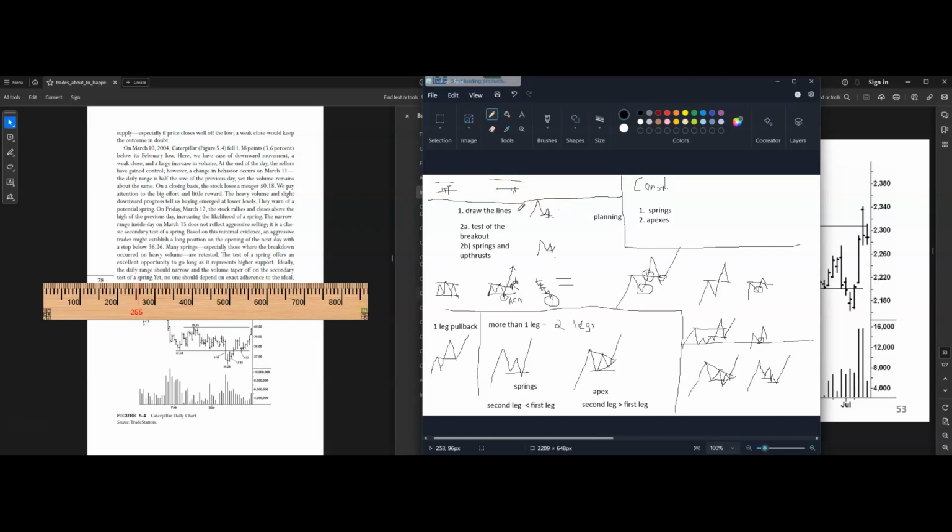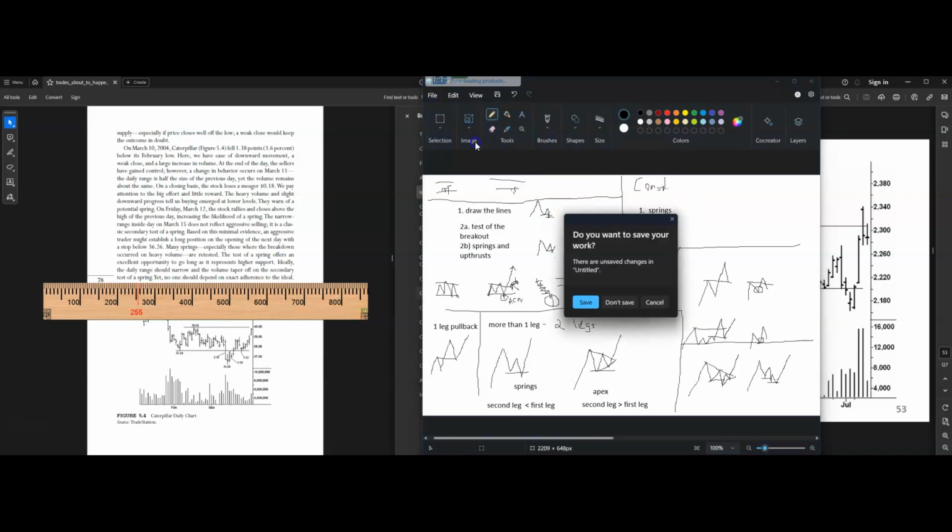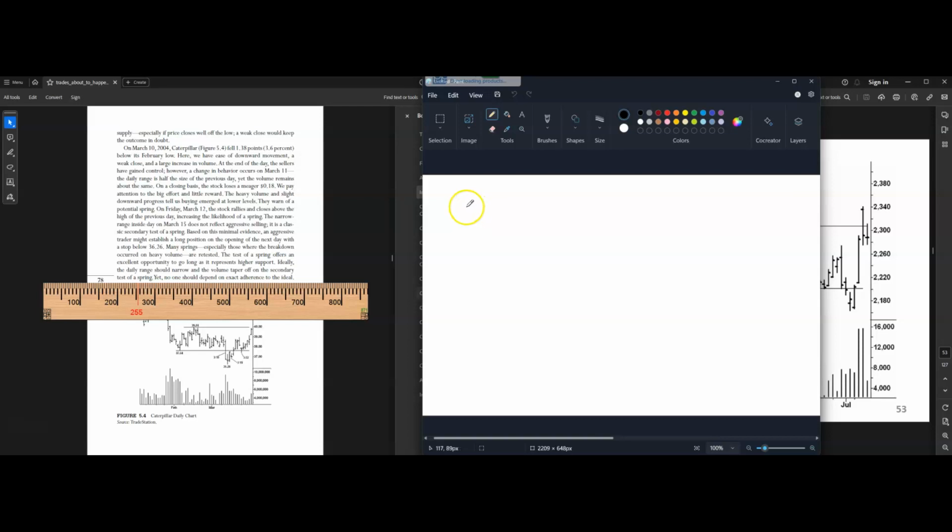So there's a difference between a spring position and a spring. A spring position could just be a lower low. So you could have this here, a spring position.